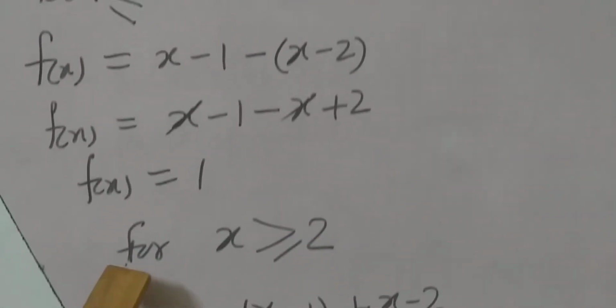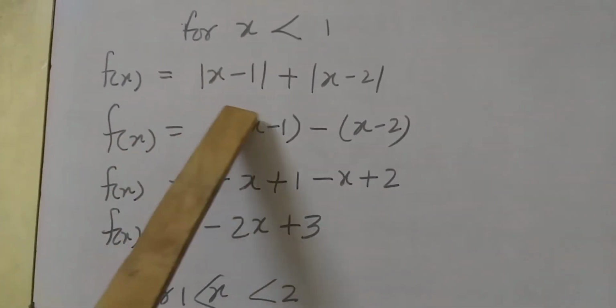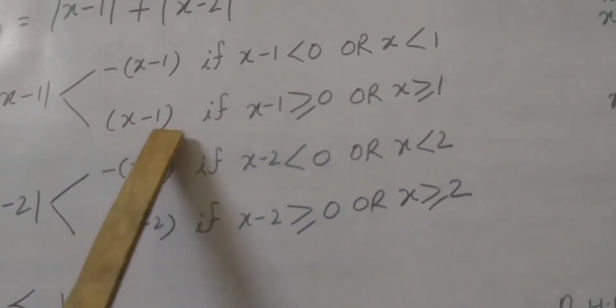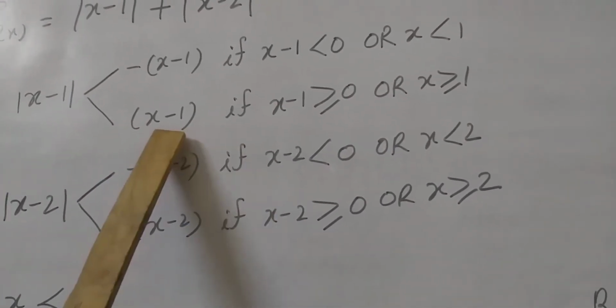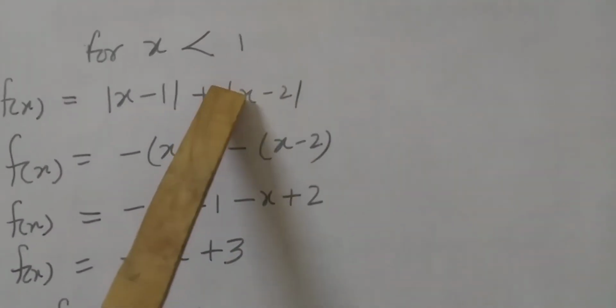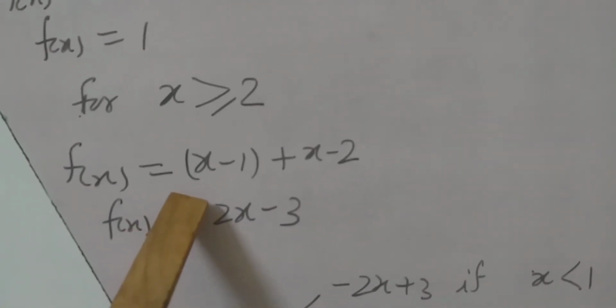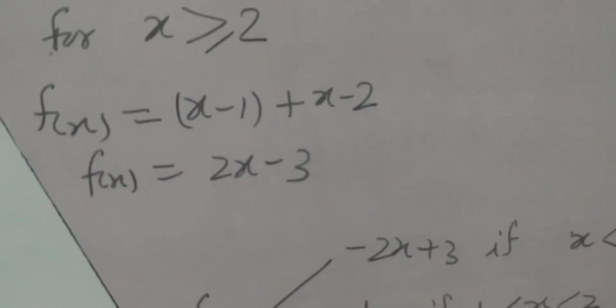Now the last condition, x ≥ 2. Here x − 1 will be positive, because x ≥ 1, and x − 2 is also positive. Open the bracket: x − 1 + x − 2 means 2x − 3.